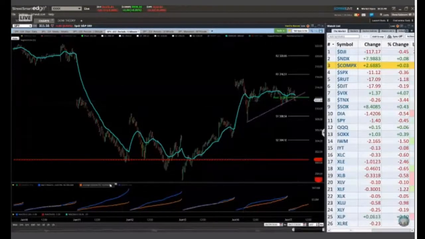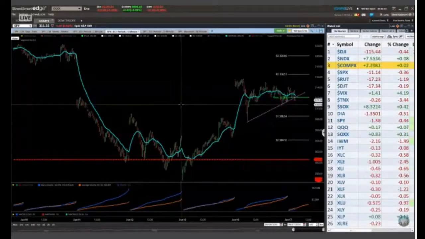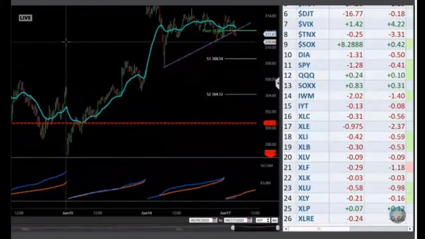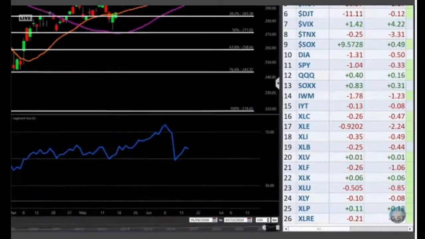Yeah, if we break those earlier lows there, it looks like you could have a quick kind of air pocket down to 308, which is pretty quick. S1, and it also matches up with those couple of peaks. Yeah, we'll have to keep an eye on that. That should make for an interesting day today.